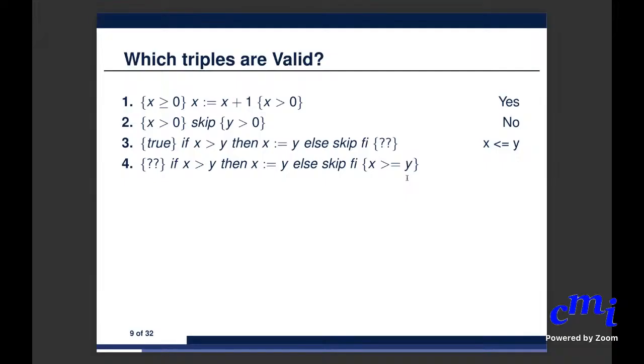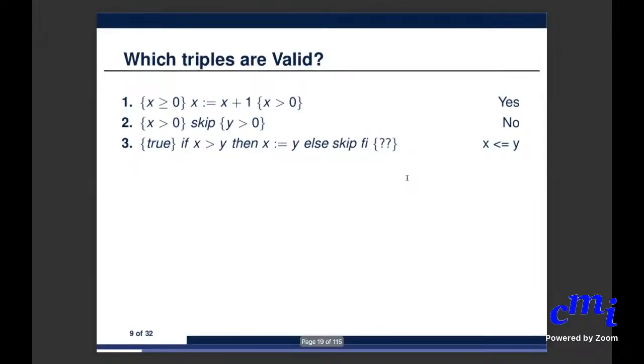Sir, I had a question on the third one. Can just true be one of the post conditions? Since we are adding true as a precondition, can't we just add true as the post condition to make it true? See, if you had true as the post condition, it would allow anything.